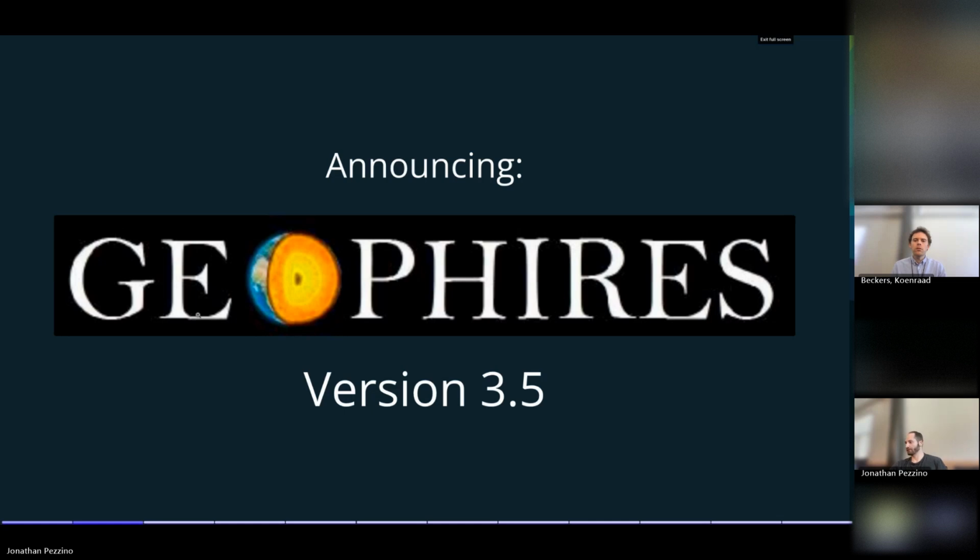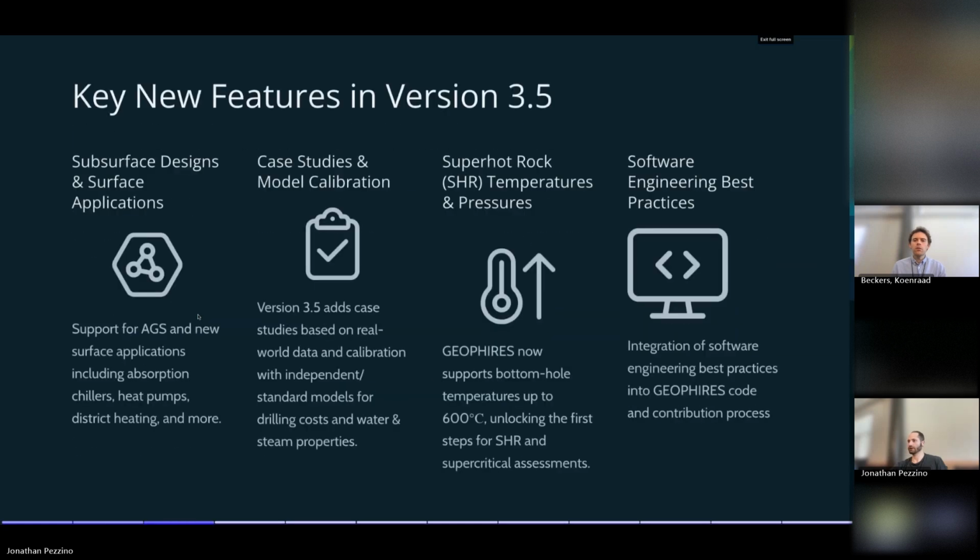So this is the 5th minor version change. And we'll just discuss some of the key features that are part of this. If you've been following GeoPhires, if you've been regularly updating it on your local machine or using the UI, you may have seen these features, you may be aware of them, but for many of you who are probably not, this is for you.